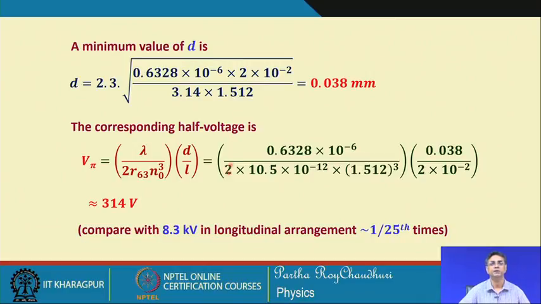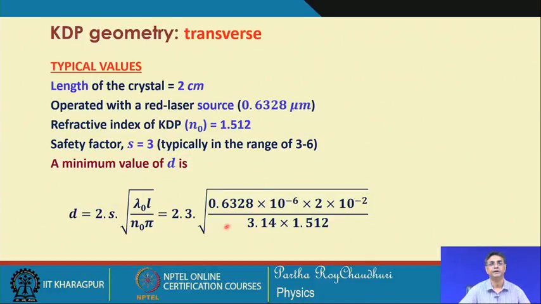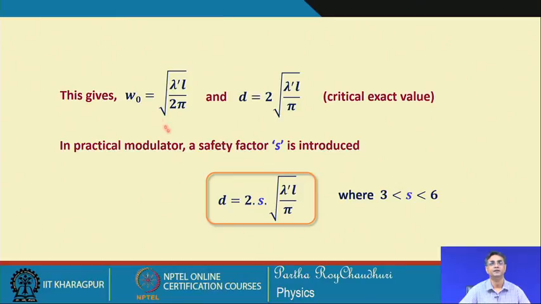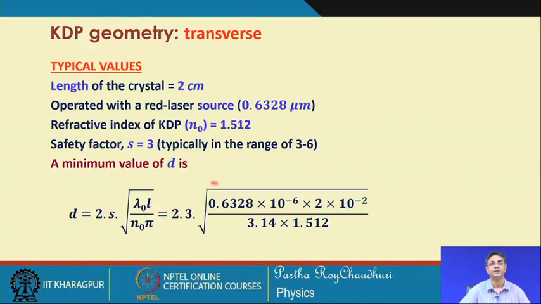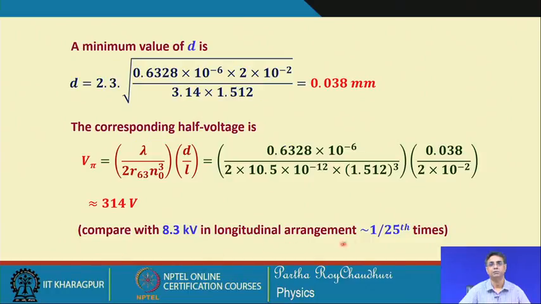So, there has been a tremendous improvement from tens of kilovolt to some hundreds of volts in the switching voltage just by taking the geometrical consideration of this design. This is how L and d are related through the spot size at the waist, that is w 0. So, this design is very useful for crystal modulator designing, and you see that this half voltage has been reduced drastically.